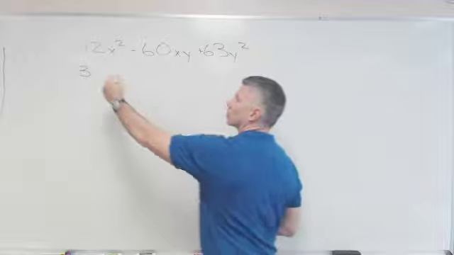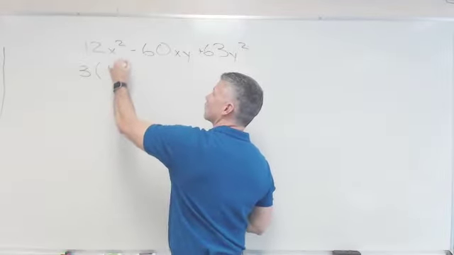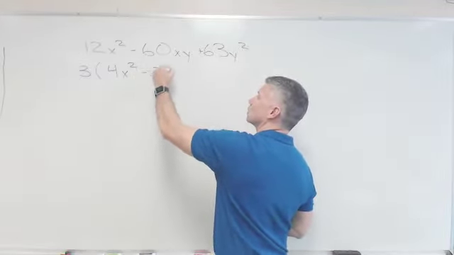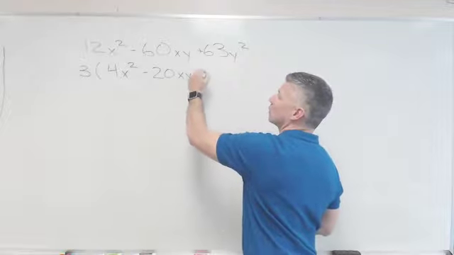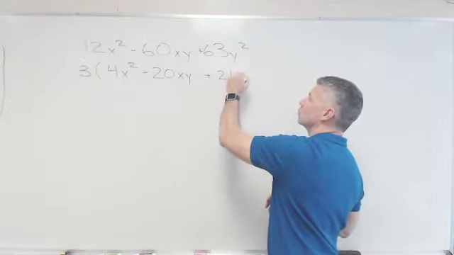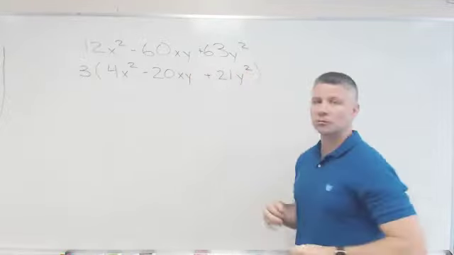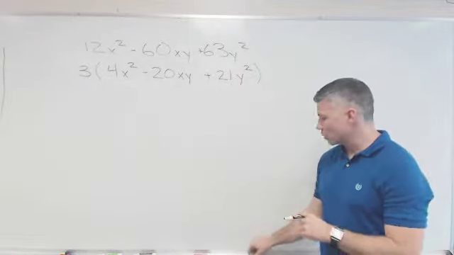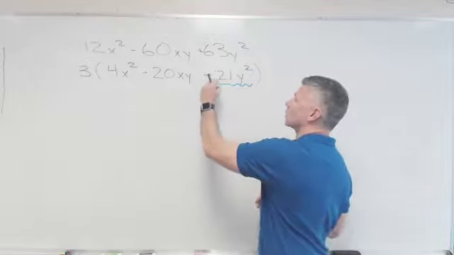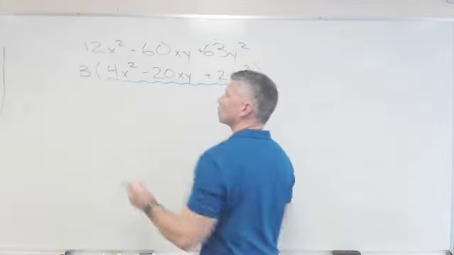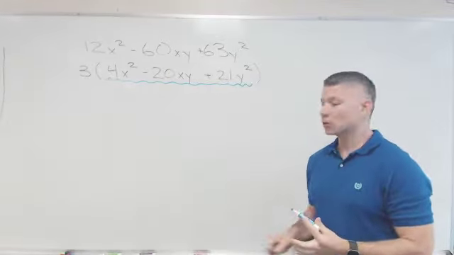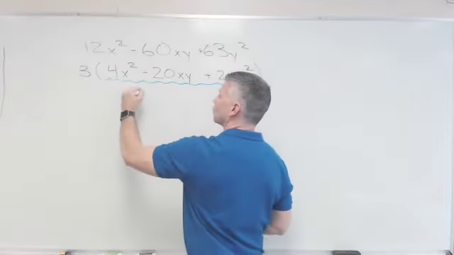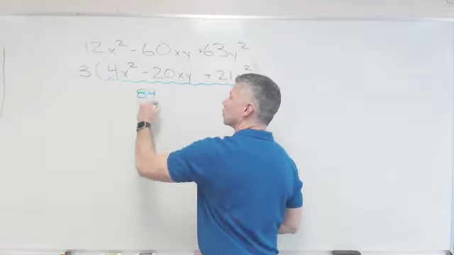If I factor out a 3, 4x squared minus 20xy plus 21y squared. From there, I'm going to treat what's going on inside the parentheses like its own problem. 4 times 21 is 84.